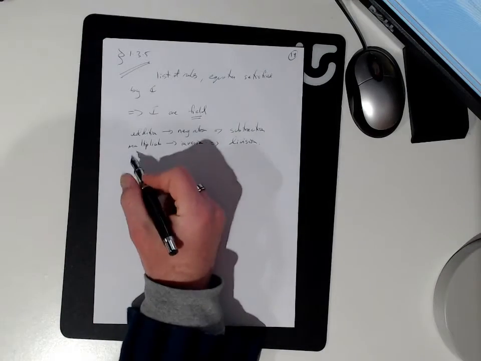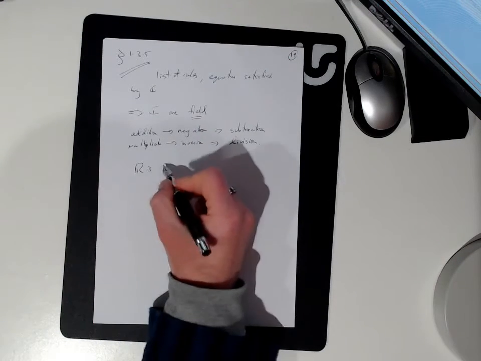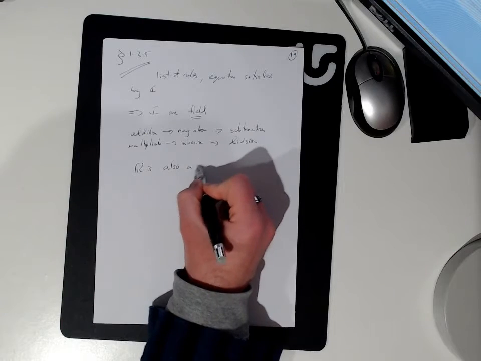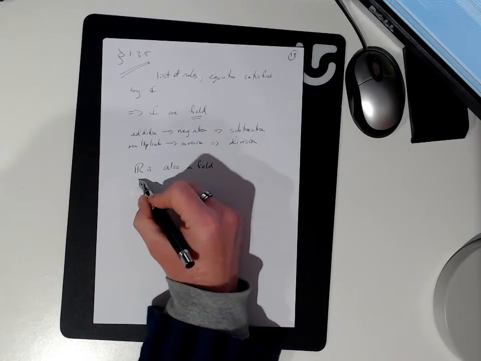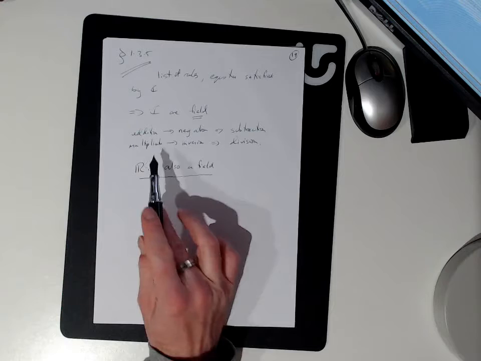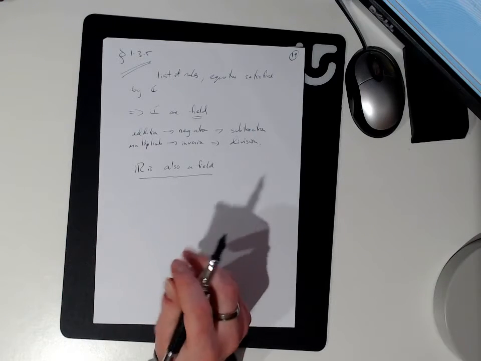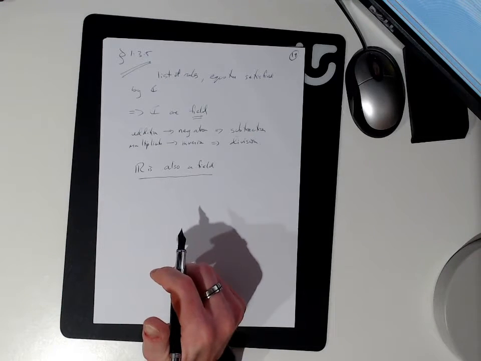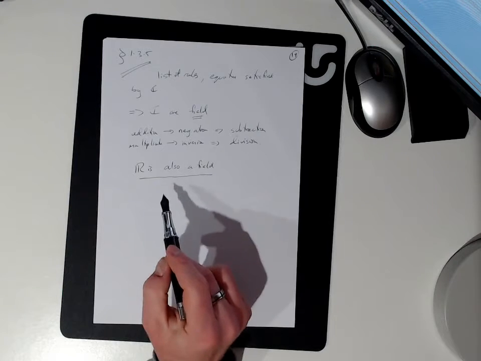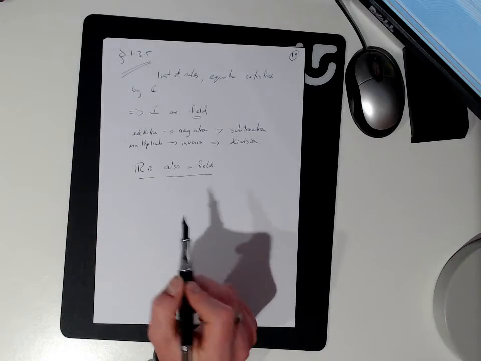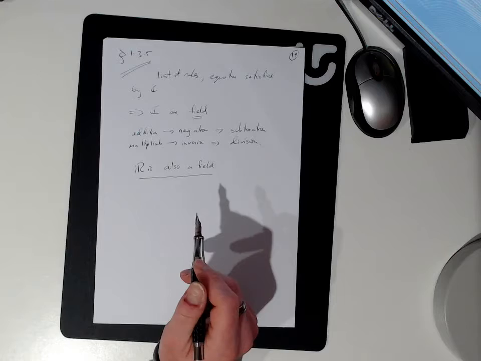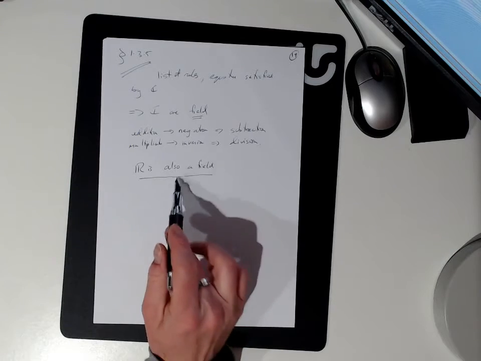And now, what is also important is that R is also a field. So the elements of R and the elements of C satisfy all the same algebraic properties. Now there is an important difference between C and R, which you might eventually come to see. But the point is that these things are the same.